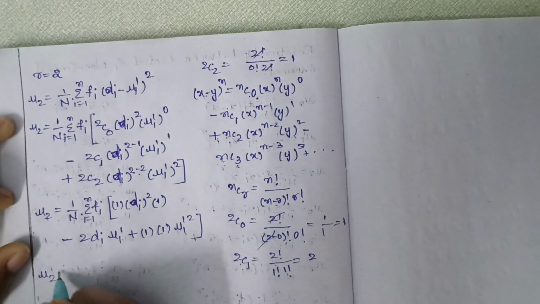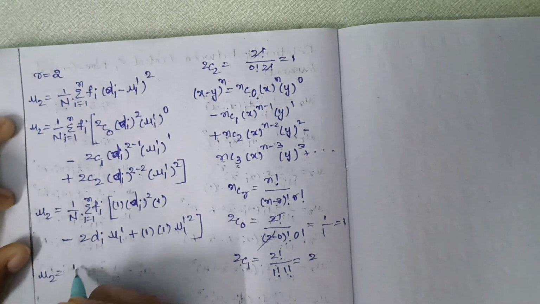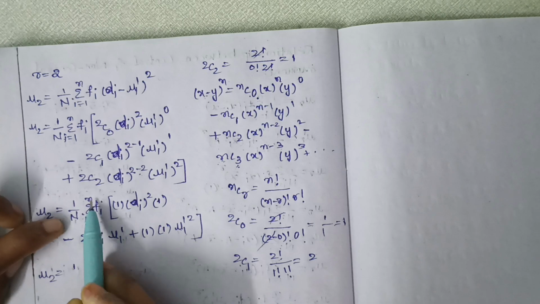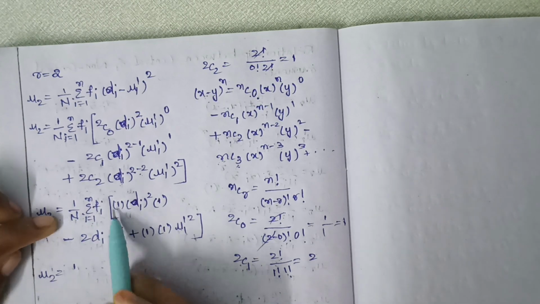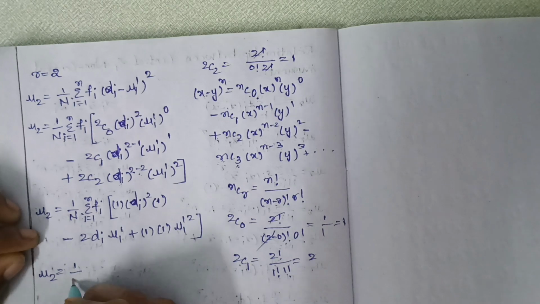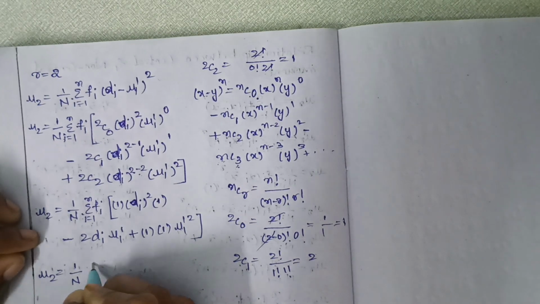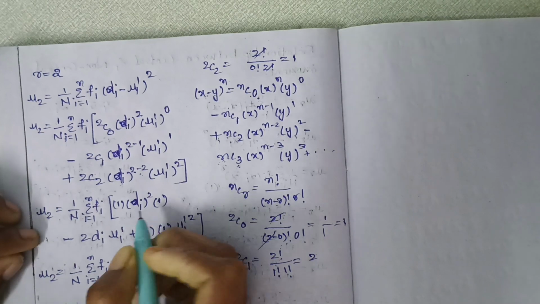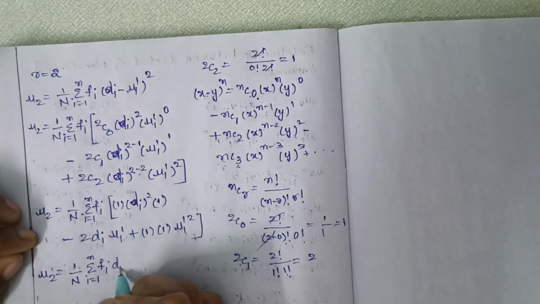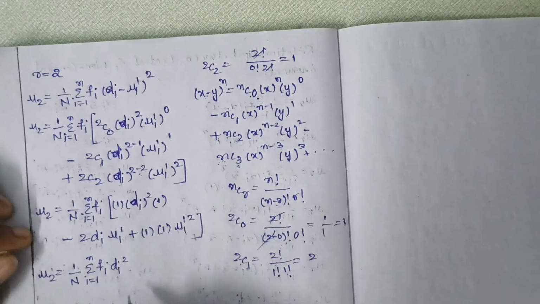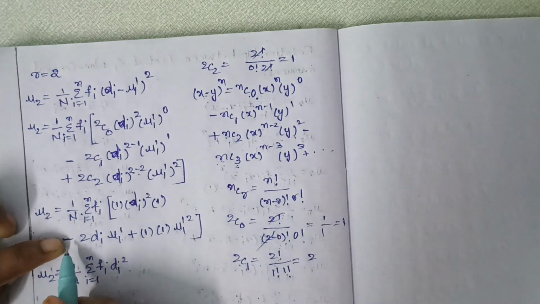Therefore, mu 2 is equal to 1 by n summation i equals 1 to n fi, multiplied with all these values. Therefore, 1 by n summation i equals 1 to n fi into di square, since 1 into 1 is 1 and 1 into di square is di square. And here we have minus.